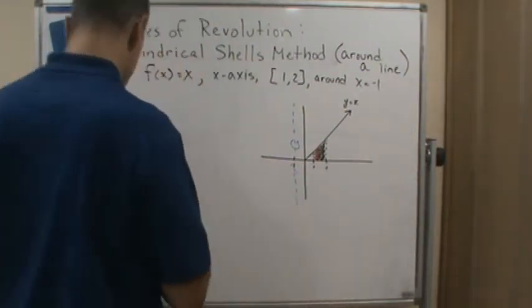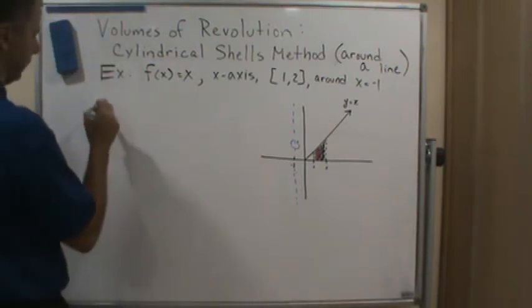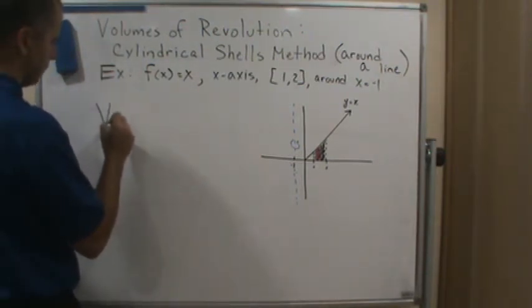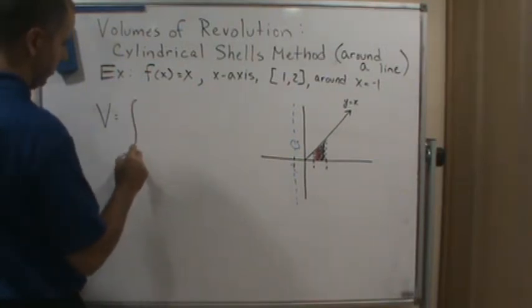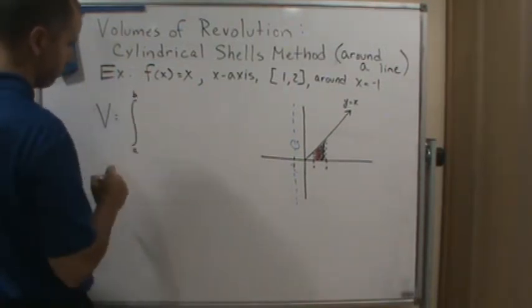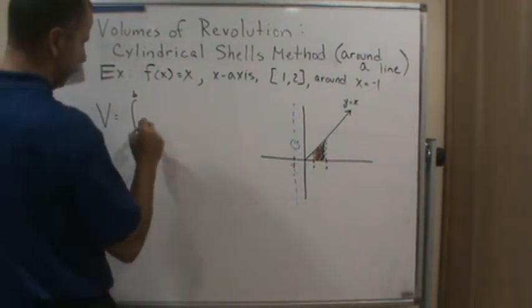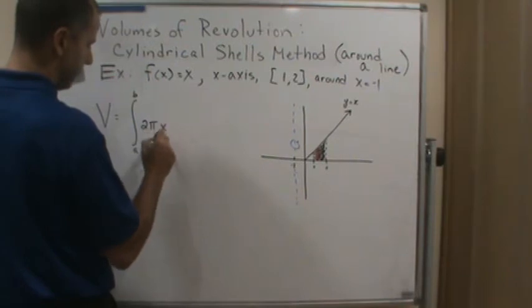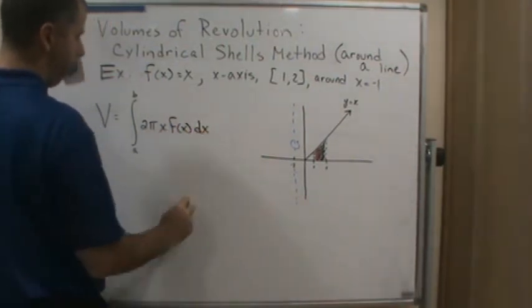Okay, so let's start with our setup. We know it's going to be the integral from a to b of 2 pi x f of x dx.